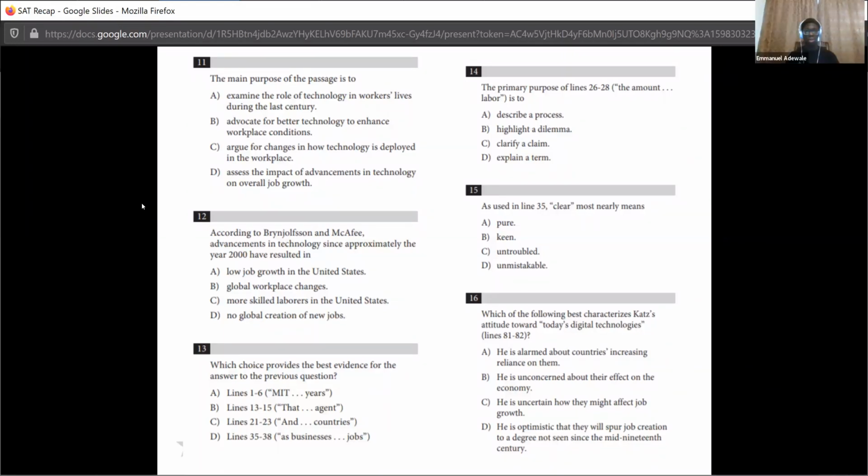Let me see if I can grab the file really quickly. While he's sharing the file with the passage, why doesn't everyone take a look at these questions?